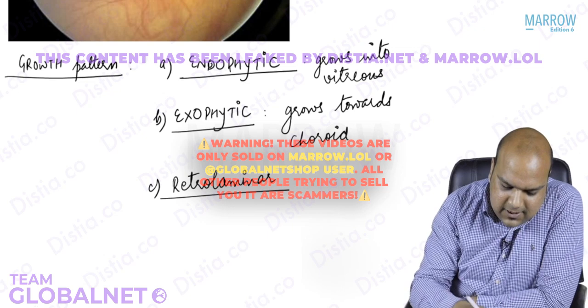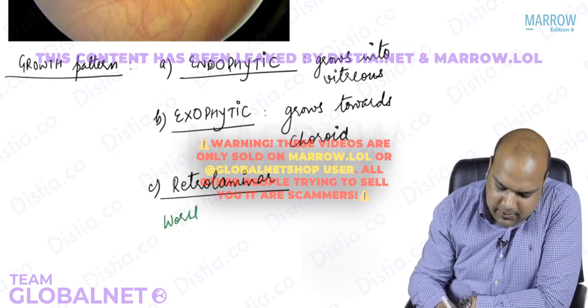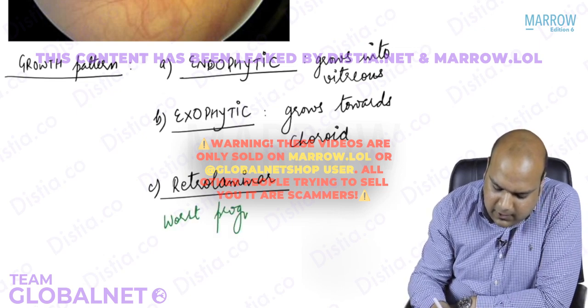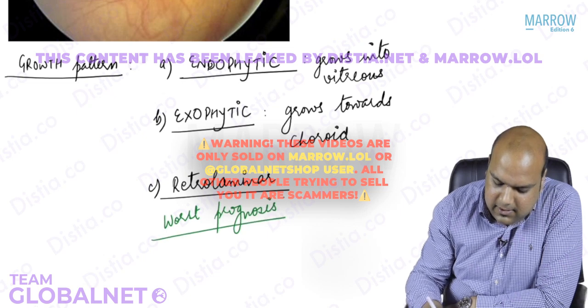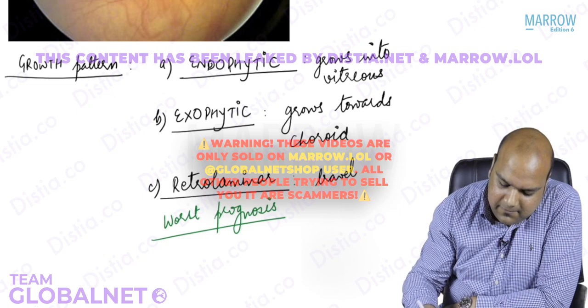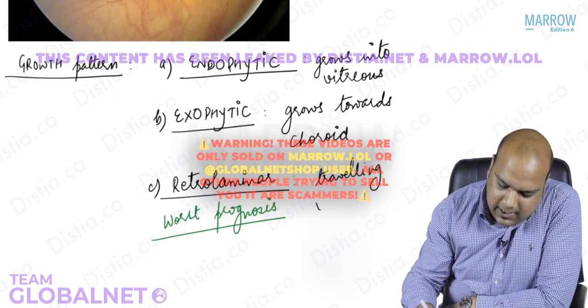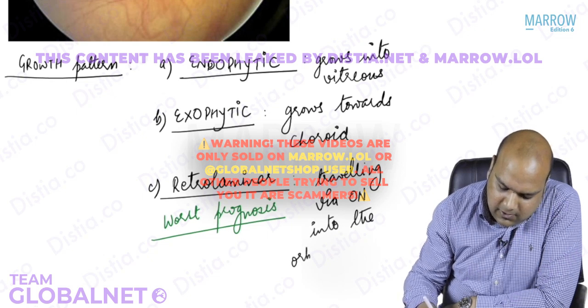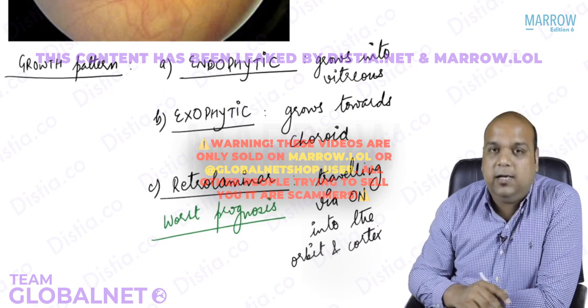This has the worst prognosis or the most dangerous, everybody, because retrolaminar means it is traveling via optic nerve into the orbit and the cranium, can I say?